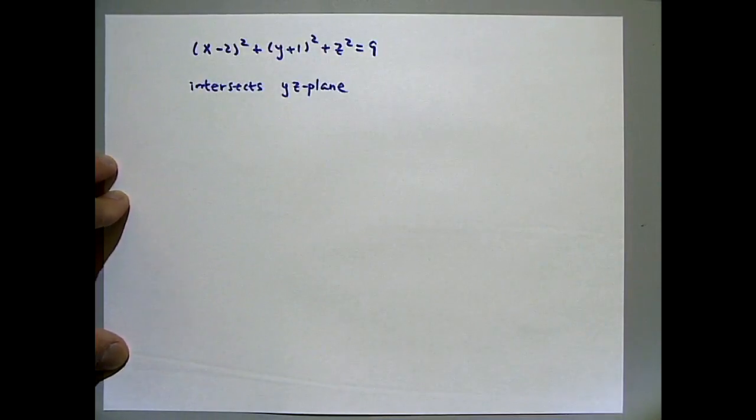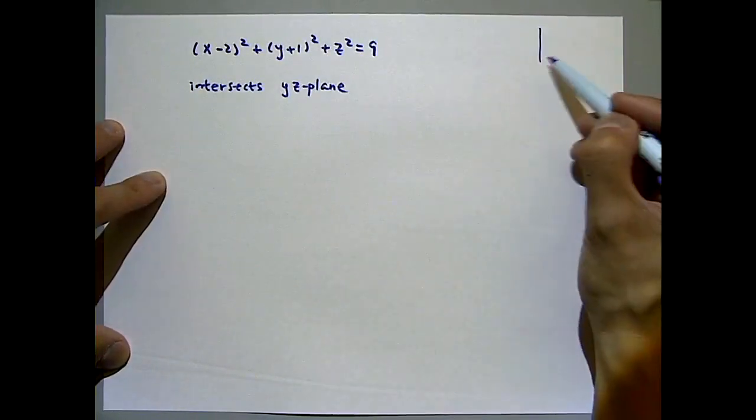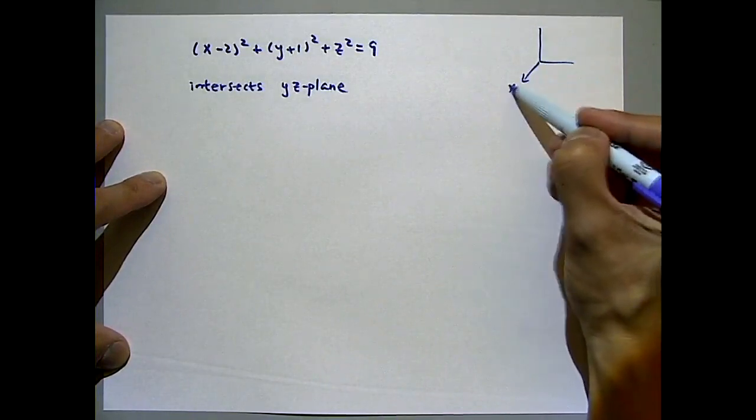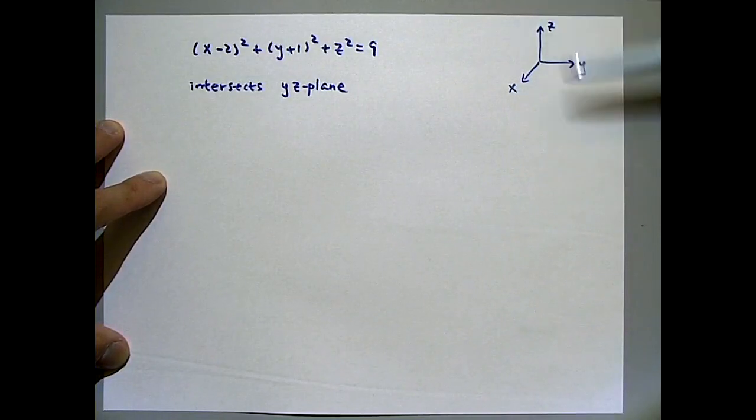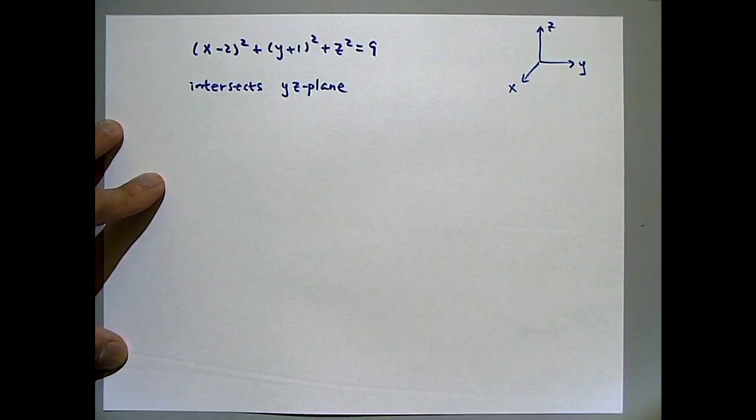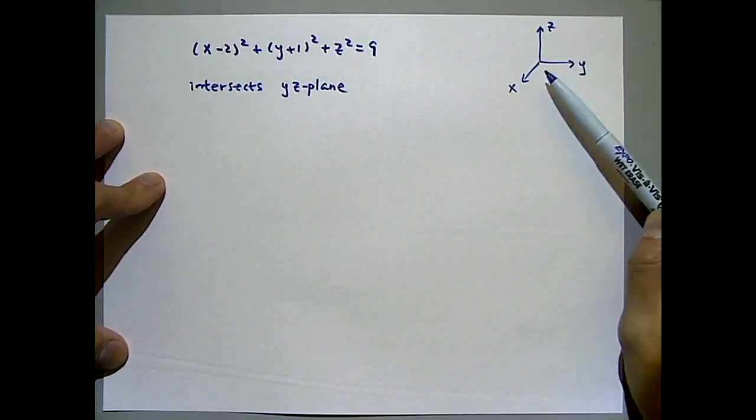And it intersects the YZ plane. An important thing to remember here is the YZ plane, if you look at a three-dimensional system, it's that vertical plane. So it might be, for example, the right wall in this room, and the floor could be the XY plane. At the YZ plane, you can see that x is equal to 0.